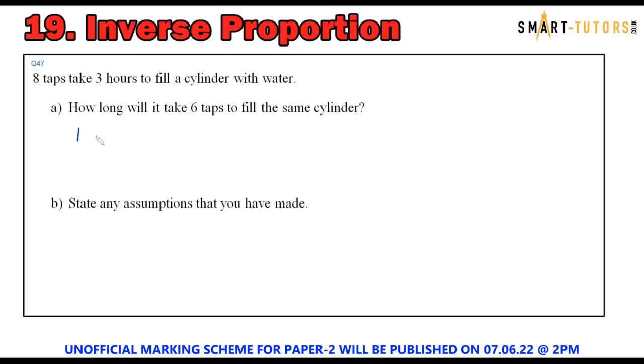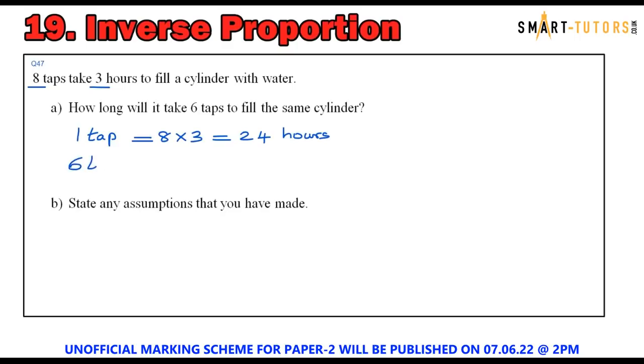So first of all, in this type of question, you need to find out one tap needs 8 times 3, 24 hours. You times the given information 8 and 3 together. So if you open only one tap, it takes 24 hours.